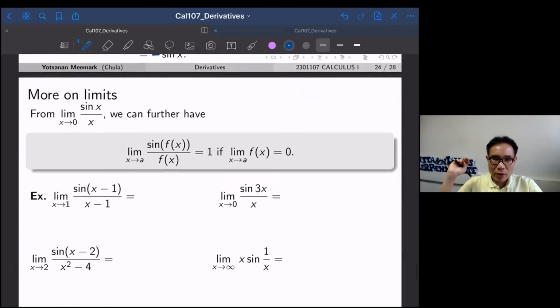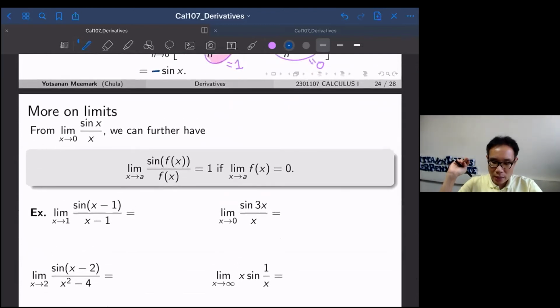The limit, as x goes to 0, of sine x over x, we can further have. Okay, so we know how to find the limit as x goes to 0 of sine x over x. This is equal to 1, right? Let me write 1.